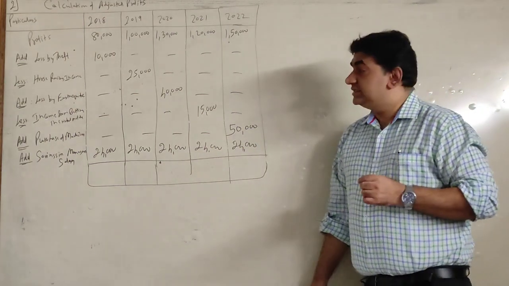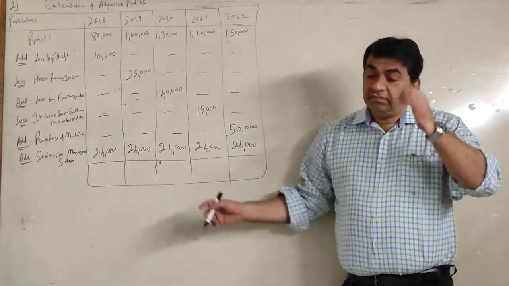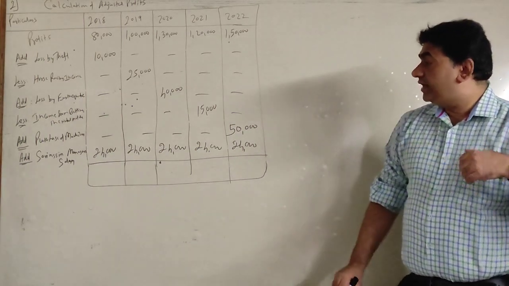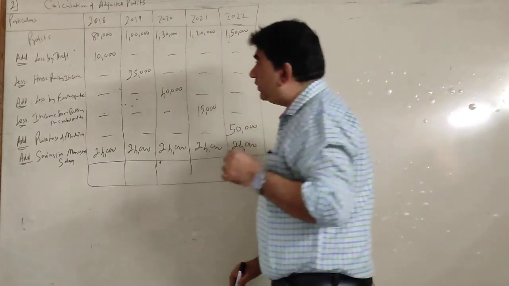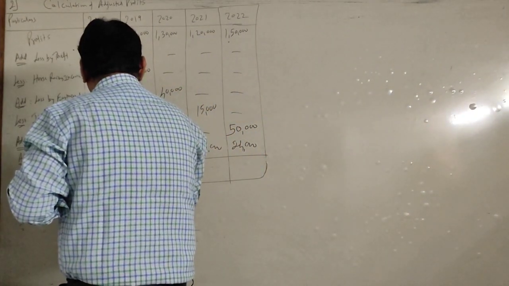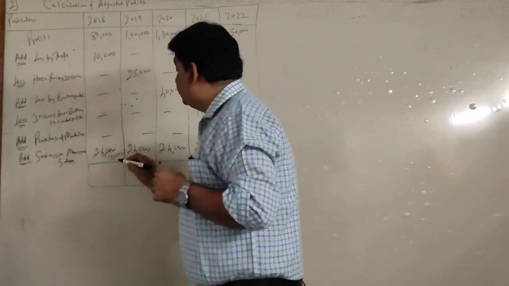You will get the same answer. After the sum, I'll give you a note for this. Okay guys, so how did you get 24,000? I'll just put it in brackets in the first year. It is 2,000 per month into 12.